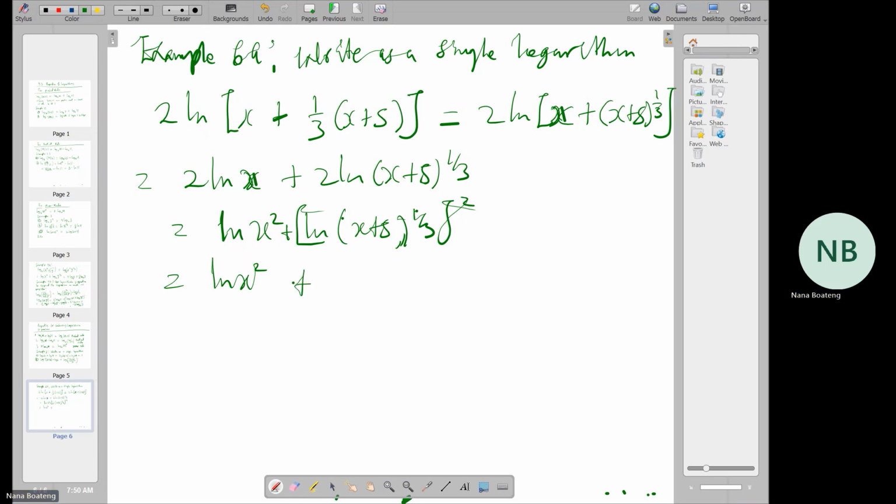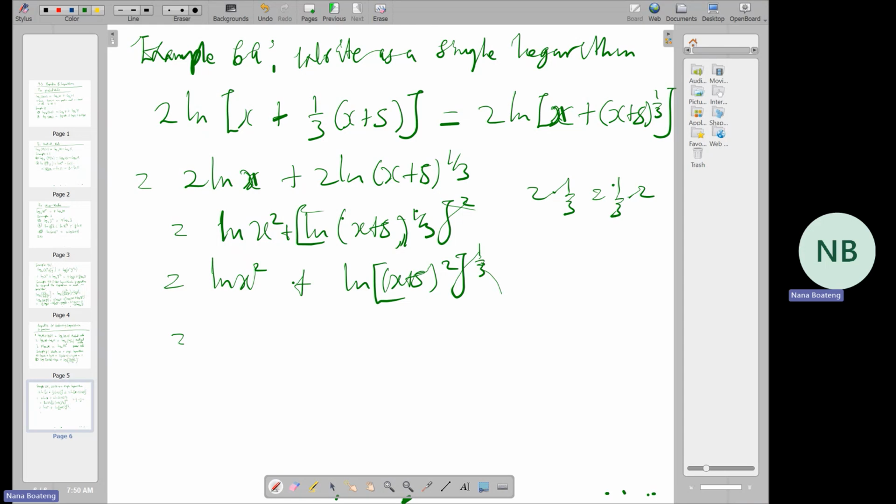Plus the log of x plus 5 squared to the power 1/3. 2 times 1/3 is the same as 1/3 times 2. So we can write it this way.